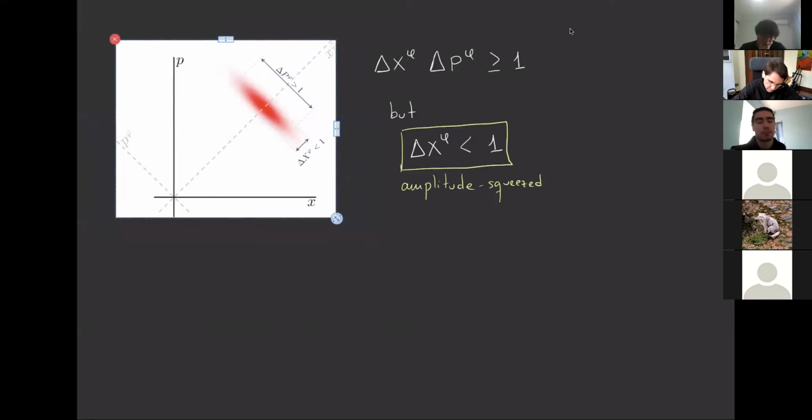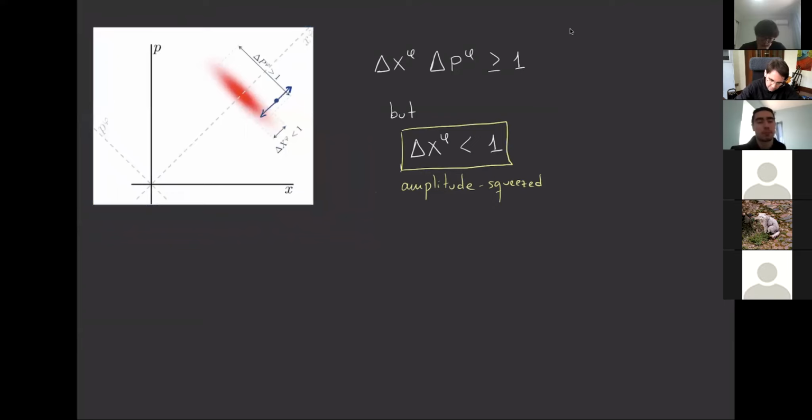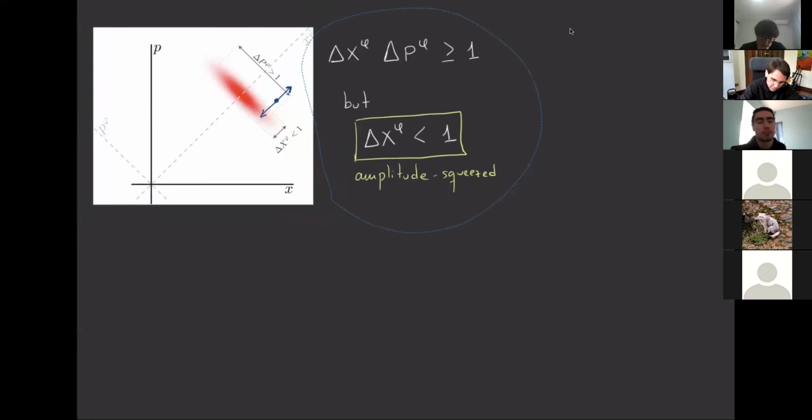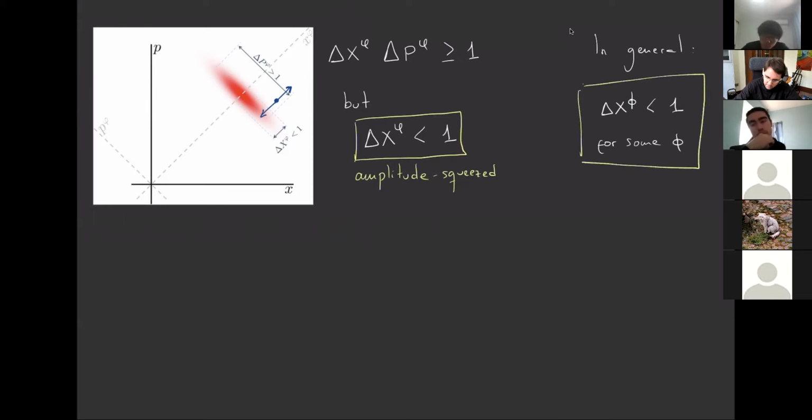So let me bring this back a little bit. In general, we will say that any state for which we find that the uncertainty of some quadrature, in some direction, it doesn't matter which direction, is smaller than 1, then we will say that we are in a squeezed state.